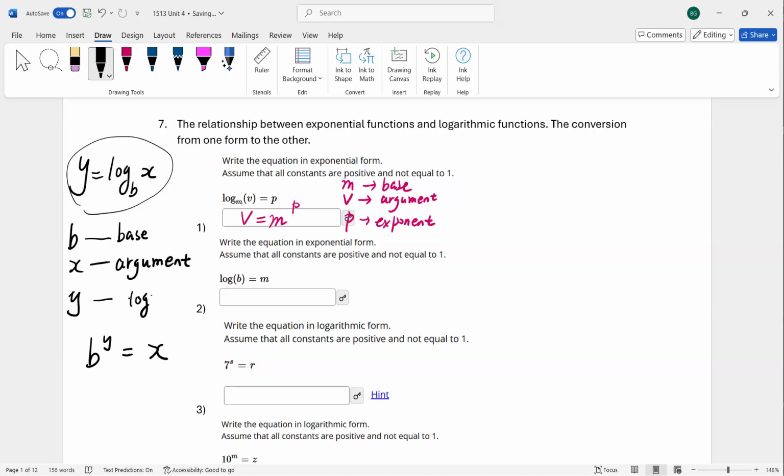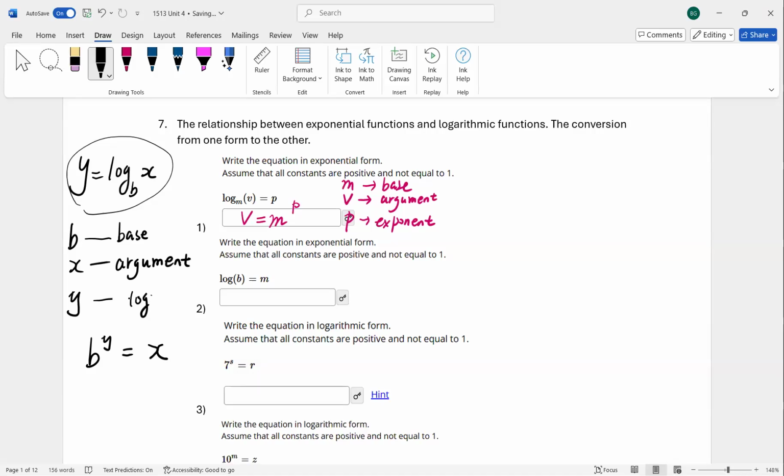Then the base is carrying a piece of wood on the shoulder. So y actually is also the exponent. Does that make sense? It's just something that I came up with to help me remember how to convert from one form to the other. Y is the logarithm.